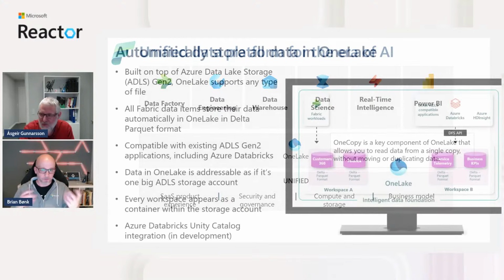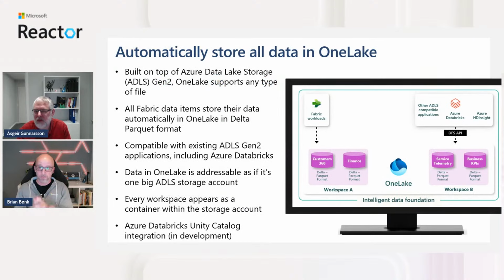So let's fast forward to OneLake. As we said, every service inside Fabric stores data in OneLake. It's built on top of Azure Data Lake Storage Gen 2 with a beautiful UI on top.